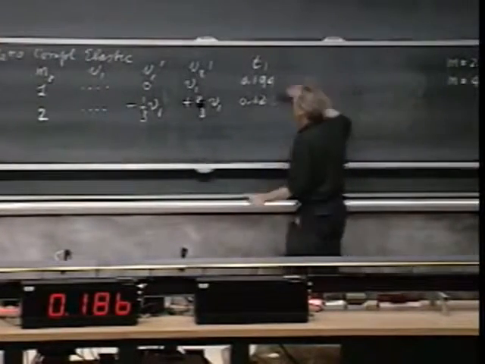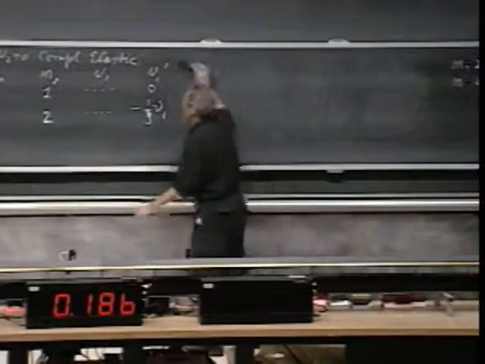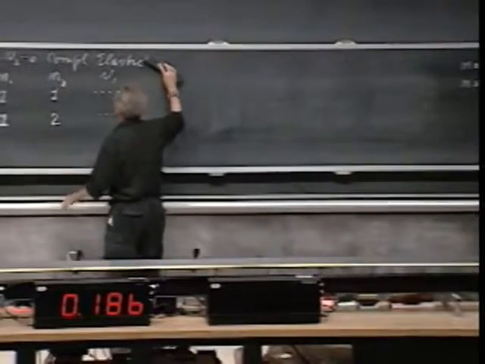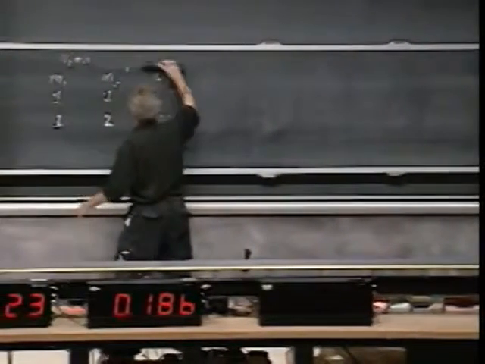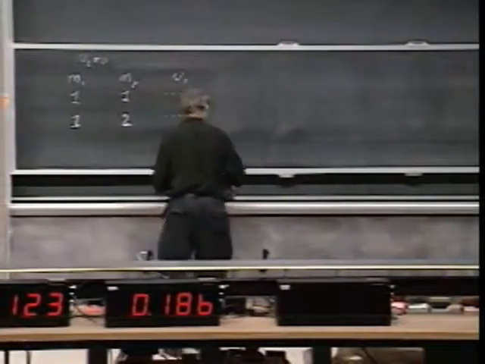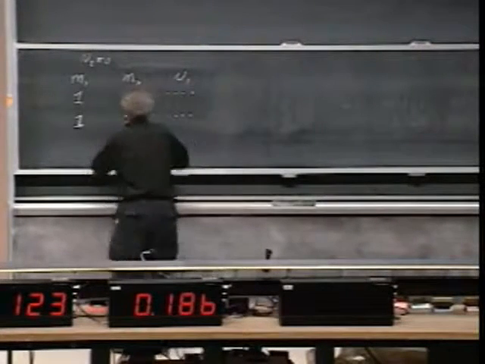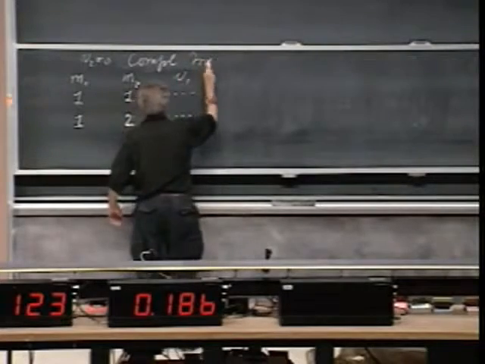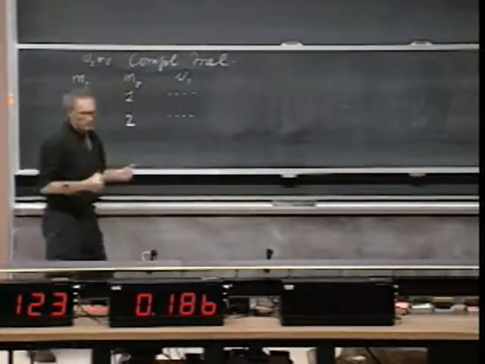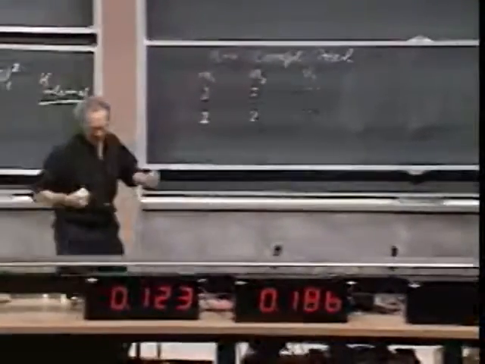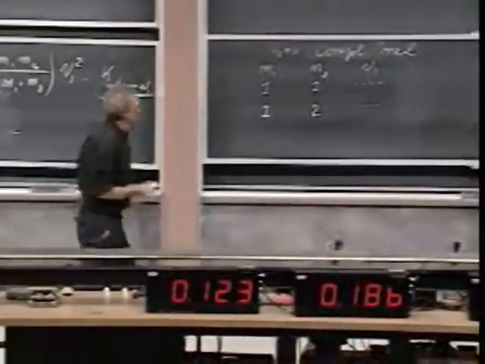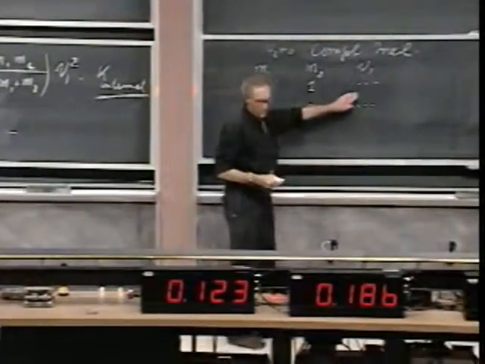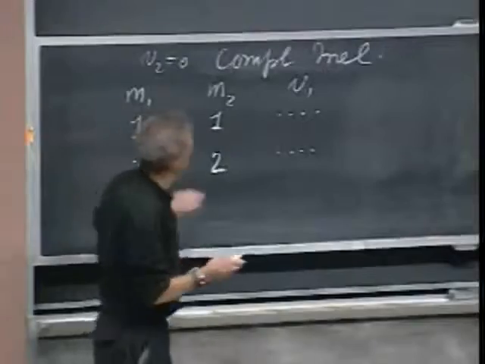We will have two cars that, no, we're going now completely inelastic. So they hit each other and they get stuck. I get a certain velocity which I put into the first car.